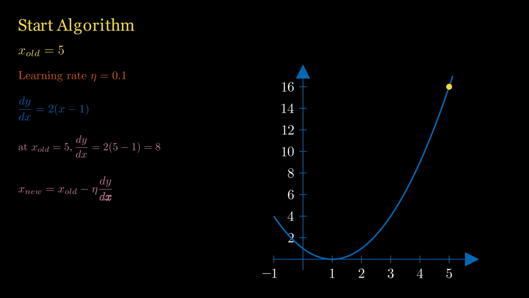Now we perform our first iteration by substituting these values into our formula. Our new x value is calculated as 5 minus the product of our learning rate 0.1 and our gradient 8. This results in a new position of x equals 4.2. Visualize in the graph: x new equals 4.2 means that after the first iteration, x moved 0.8 units towards the minimum point 2.